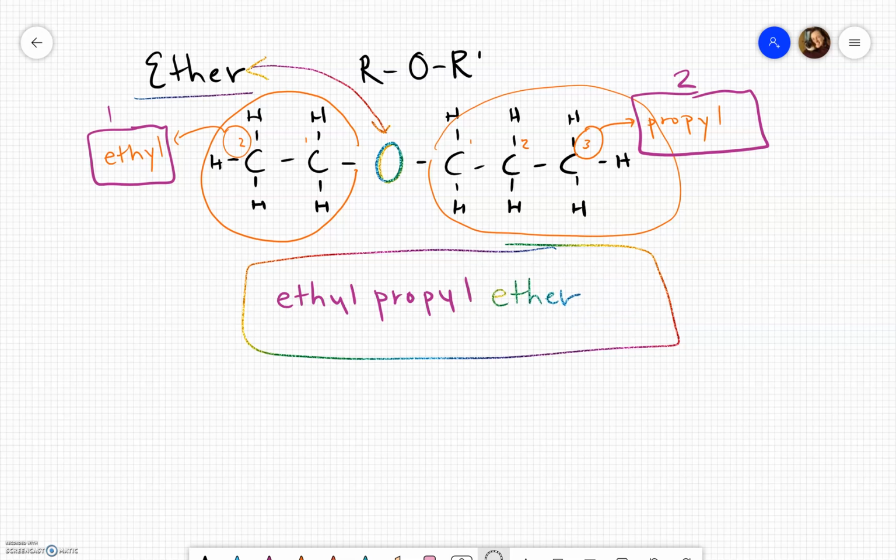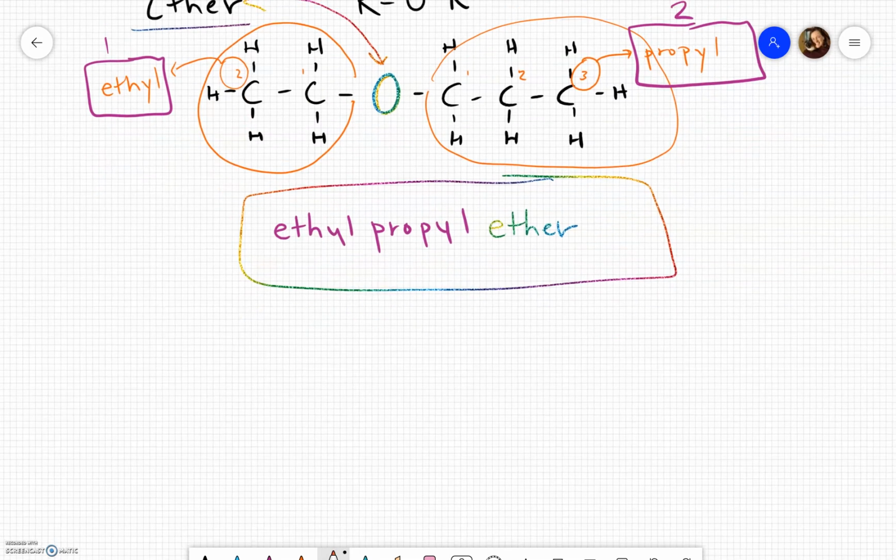Now let's try going the other way. Let's say I have a compound that is called dipentyl ether.